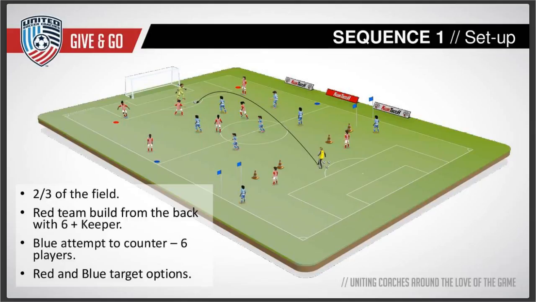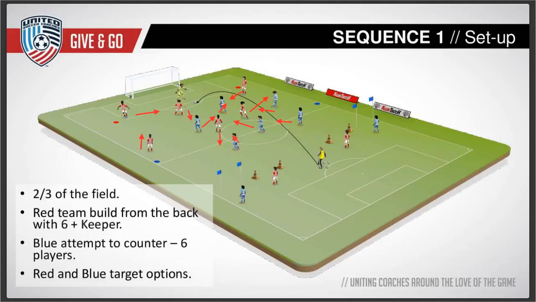So starting with the back four, right back, right central back, left-sided central back. This would probably be the left back in there. The 6 would be a little deeper, and we've got one of the 8s in here as well, just offering a little bit of support in the middle, versus the 2 forwards, the 3 in midfield for blue, and then a deeper defensive player for blue.